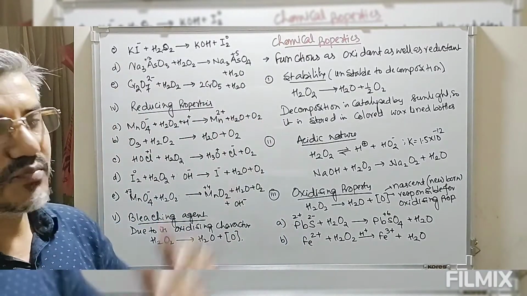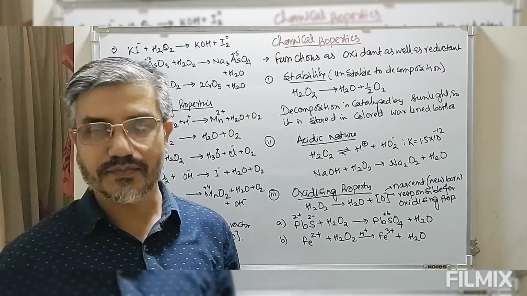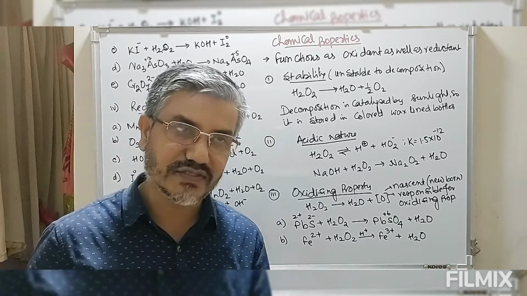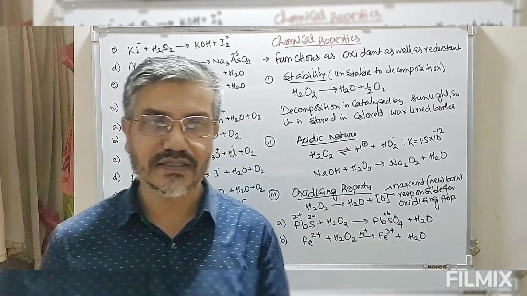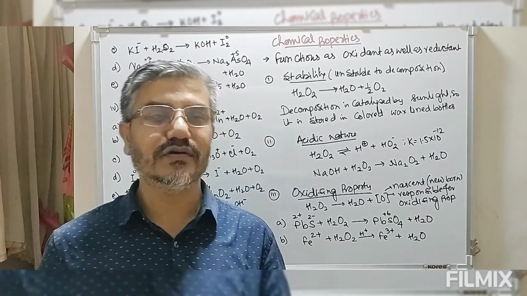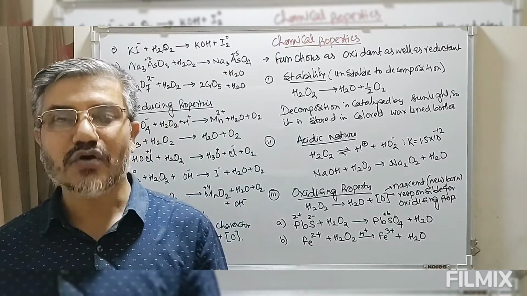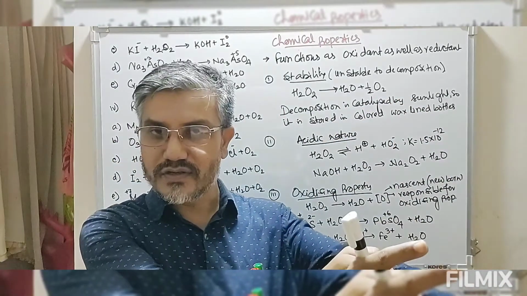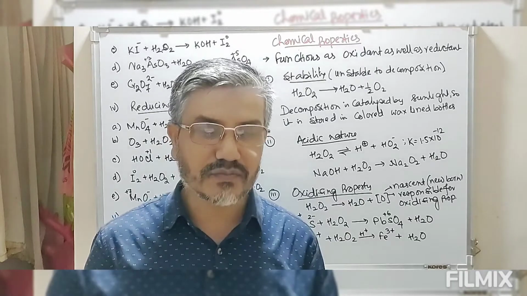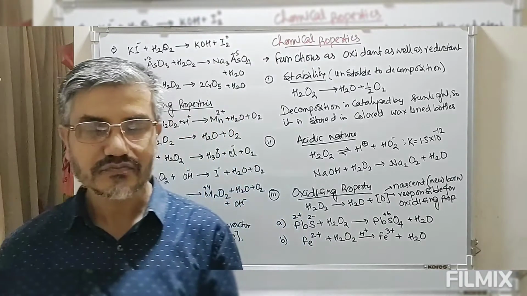Now coming to some of the important properties of this compound. Stability. When we talk about stability, hydrogen peroxide on standing decomposes to give liquid water and oxygen gas. Since it decomposes to give water and oxygen, we say this is unstable to decomposition.